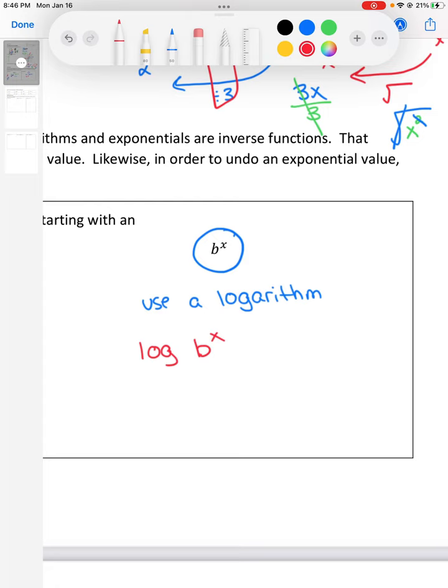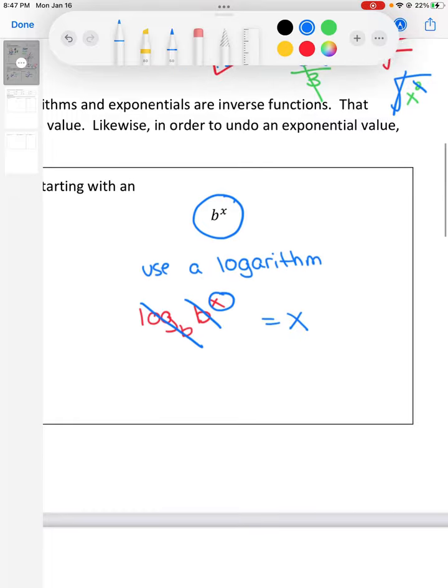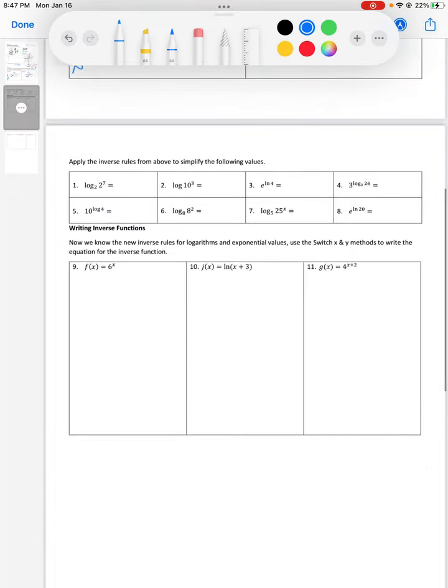What do you think the base of my log needs to be? Base b. Now, an exponent and a logarithm are inverses, so they are going to cancel out, and what are we left with? x, okay? So we need to think about it that way. They cancel each other out, just like adding and subtracting cancel each other out. So let's practice this, canceling each other out.